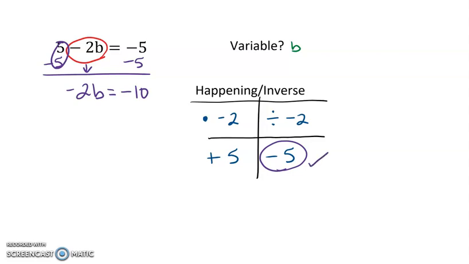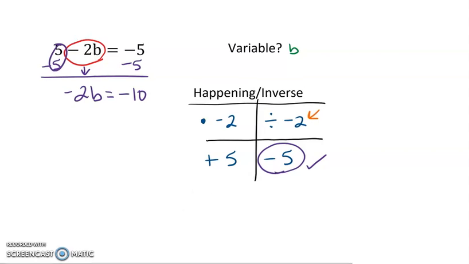All right, so I used my inverse of subtracting 5 from both sides, which means all that's left now is to divide both sides by negative 2. So let's go ahead and do that. Over here, I'm going to divide by negative 2, and over here, I'm going to divide by negative 2.